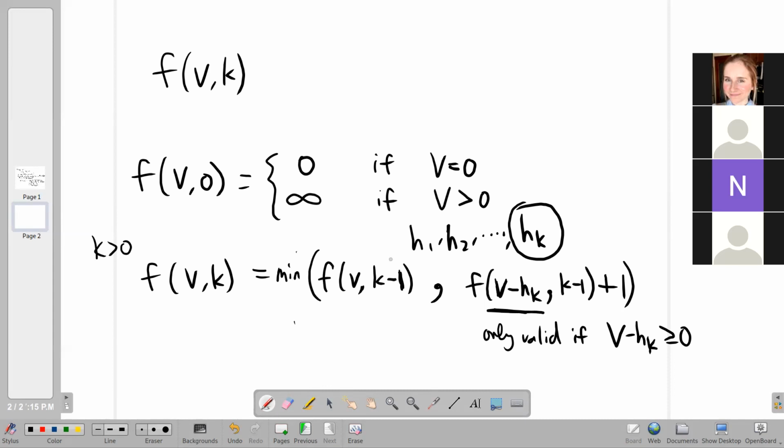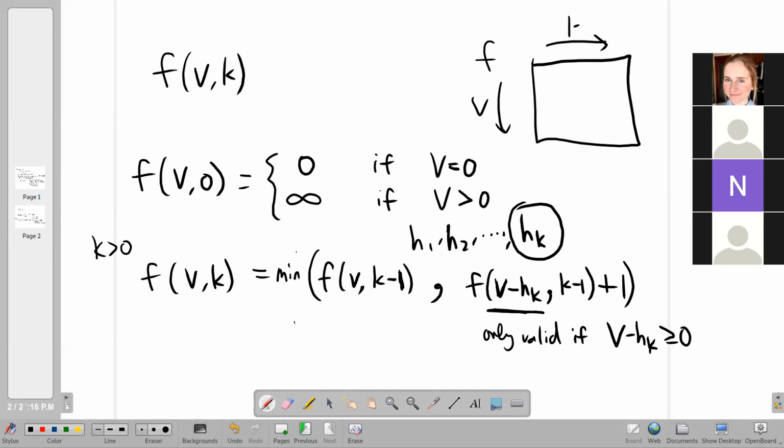So this is a dynamic programming version of the recurrence for computing the smallest number of packages you need to make a certain sum. If you make the table, so this is F, and this direction is V, and this direction is K, then the base case is 0 here, and then infinity everywhere.